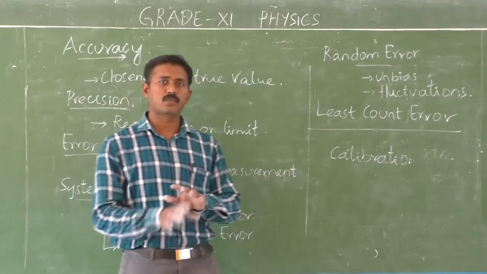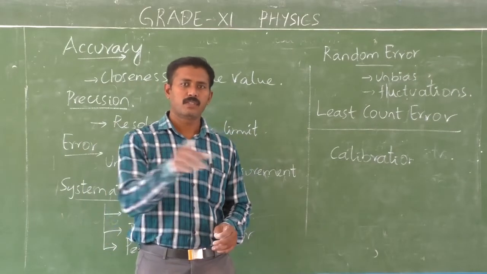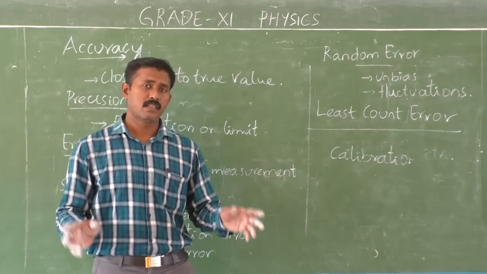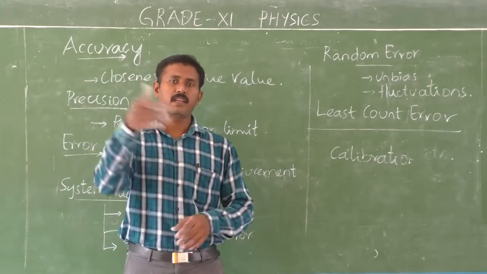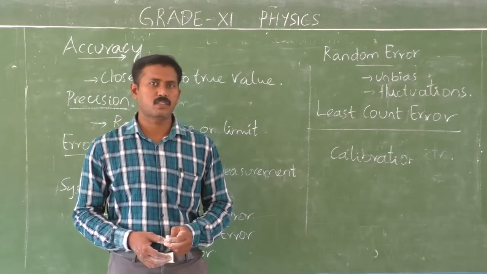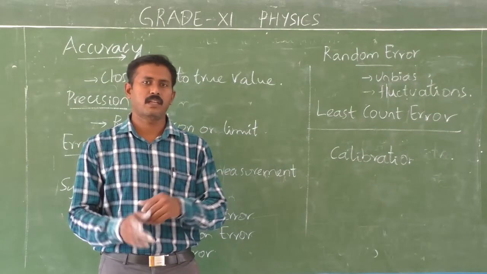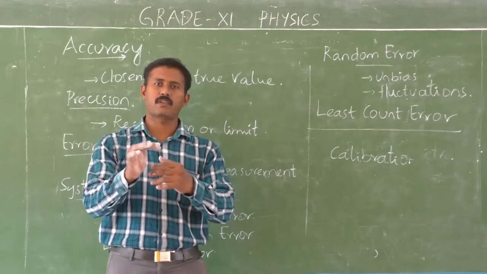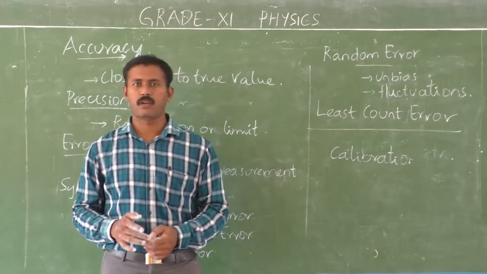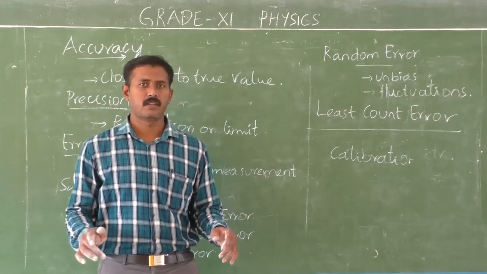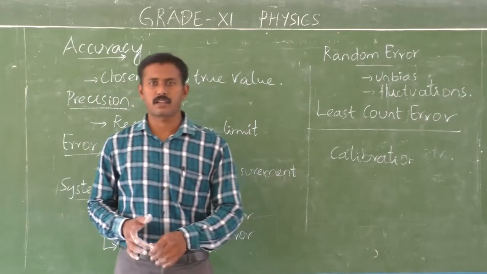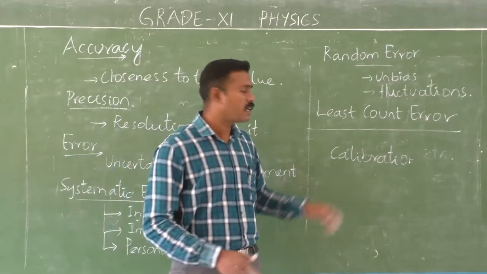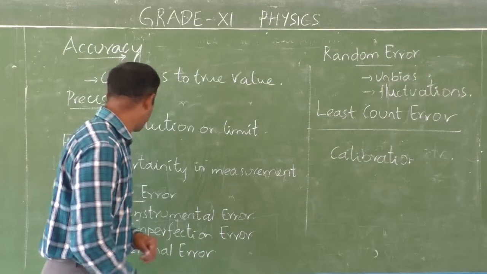For example, there is no matching of 0 to 0 in a vernier caliper. If a number is left out in a measurement instrument, such as a sequence of 100, 101, 102, and after 102 there is a 104, with 103 left out, then an error always occurs when a measurement is taken. So that is a calibration error.